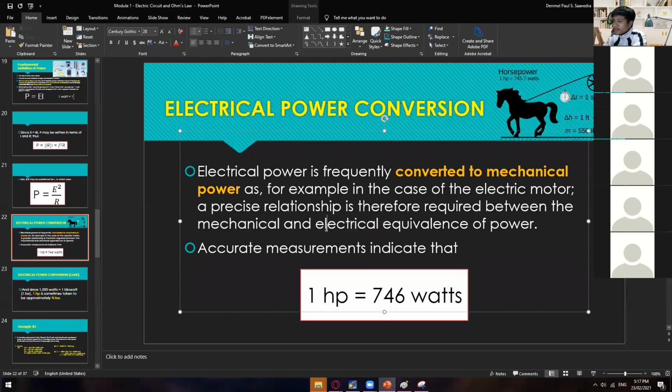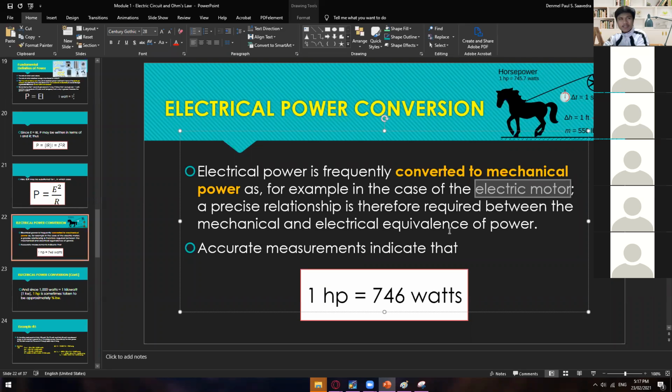Let's say you need a 4 horsepower electric motor, since what it's lifting is quite heavy, let's say an elevator. I'm not really sure, but let's just assume that you need 4 horsepower.